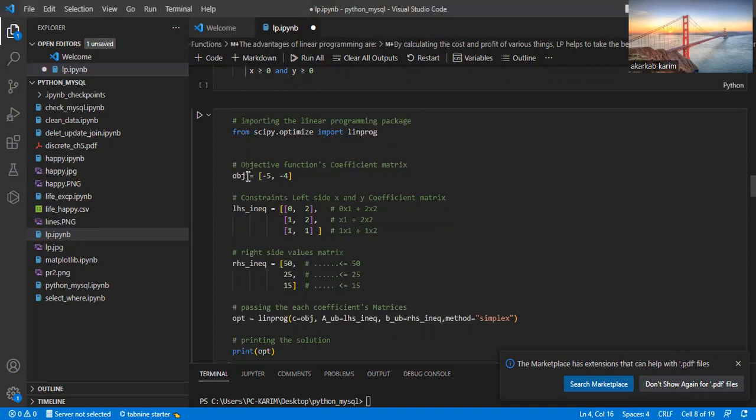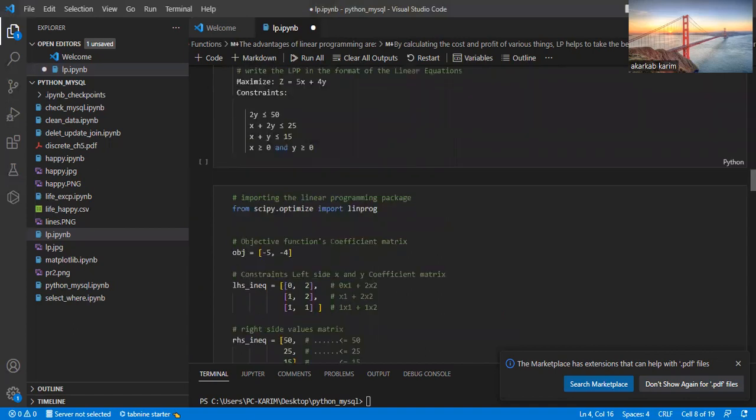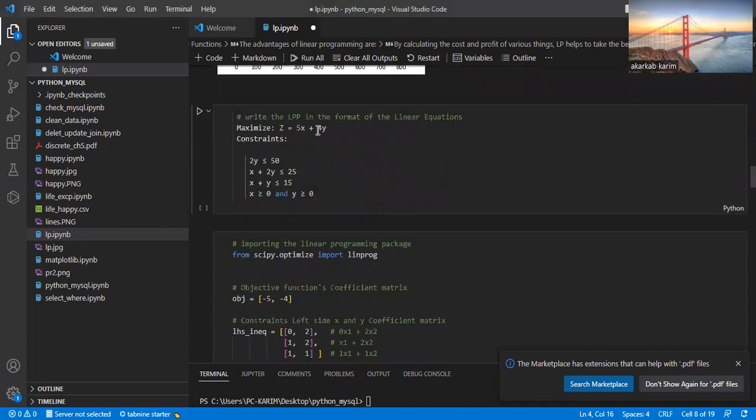So here we have the objective function. As we see, we have 5 and 4. I replace them with negative signs because linear programming in this package has no maximize function. For this reason, we need to add the negative sign, and then we can get the result, because to maximize this, we need to add the minus sign.